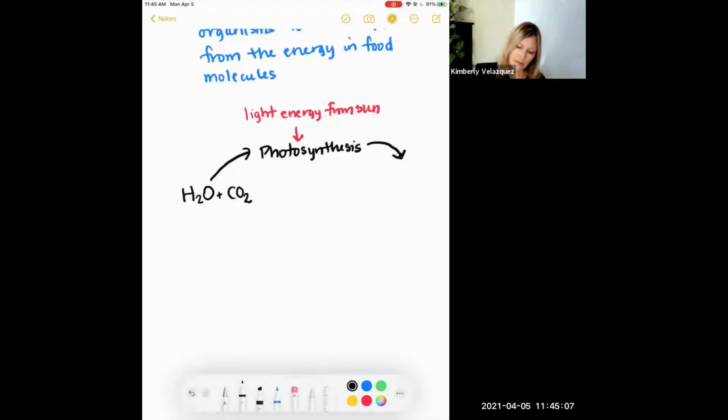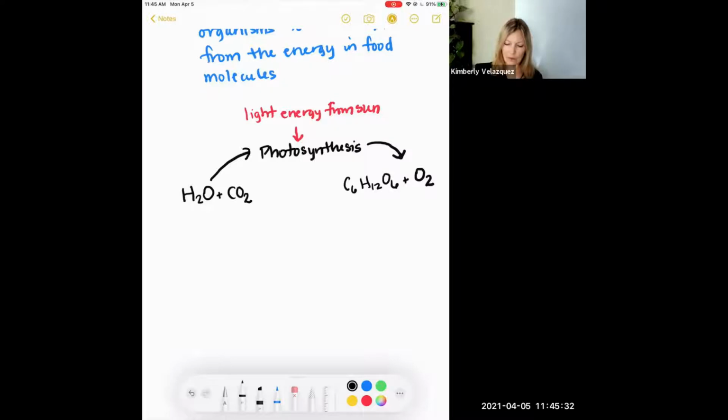We typically use glucose as the carbohydrate that is produced when we talk about this, but plants and protists and bacteria can produce other sugars through photosynthesis as well. And you'll see that when we talk about it in detail. And also oxygen is produced during photosynthesis.